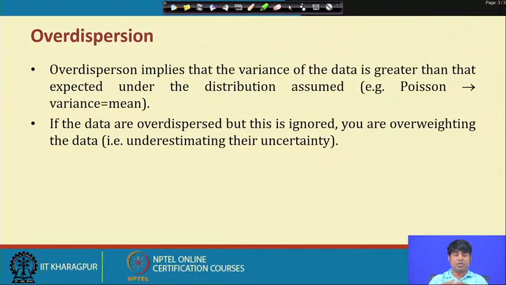If the data are over dispersed but that is ignored, you are underestimating the uncertainty. So before you start count data modeling, we have two or three checkpoints.